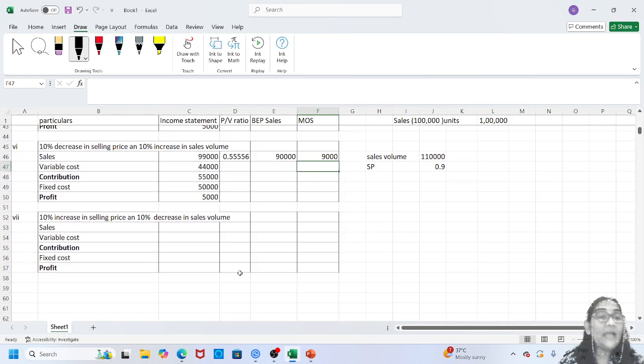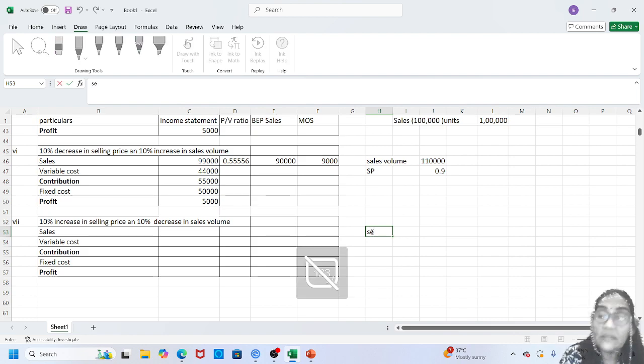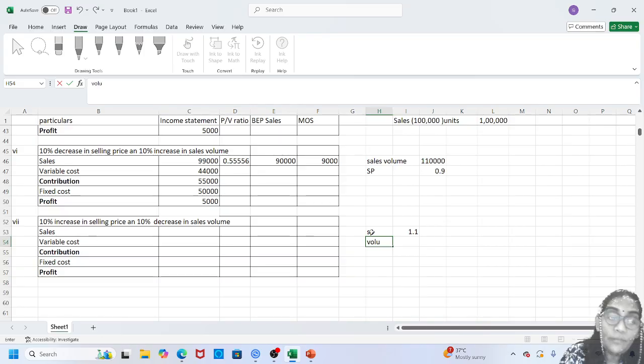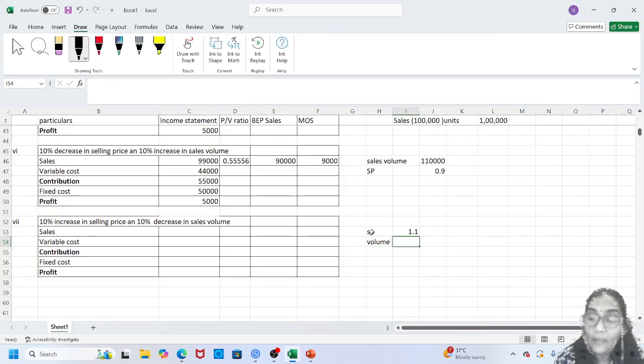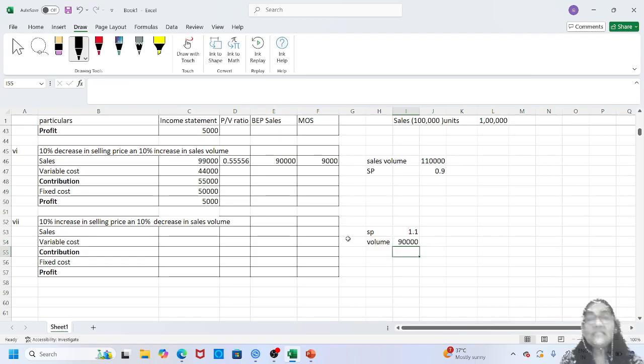Going on to the last scenario, 10% increase in the selling price. So your current selling price was 1 rupee. A 10% increase will make it 1.1. Volume has decreased by 10%. So volume decrease will be 1 lakh less 10%, that is 90,000.